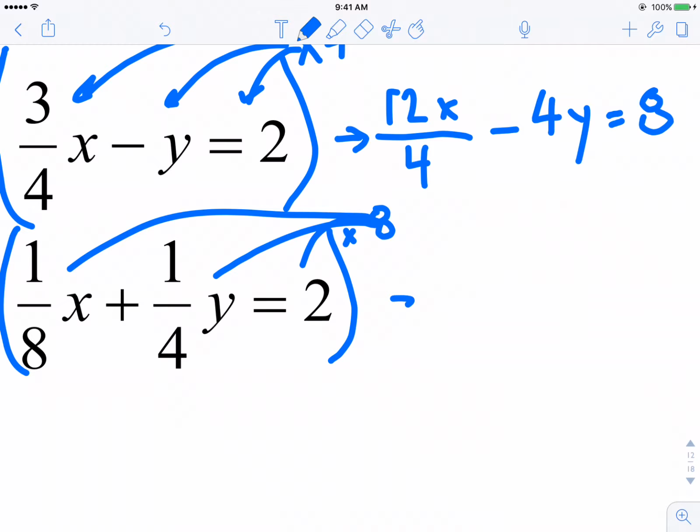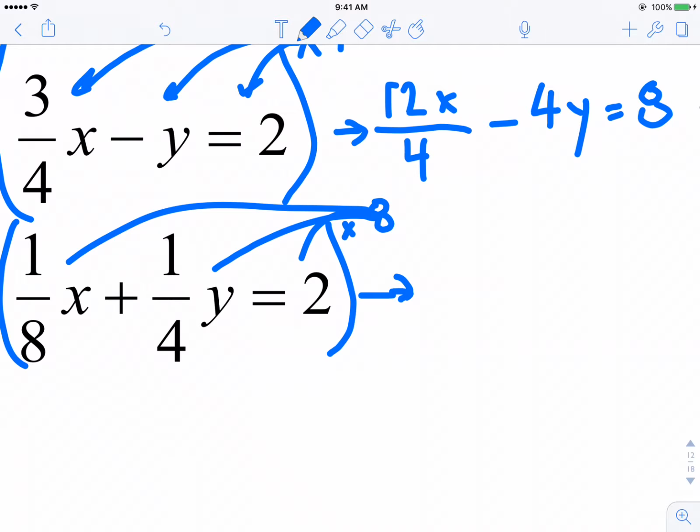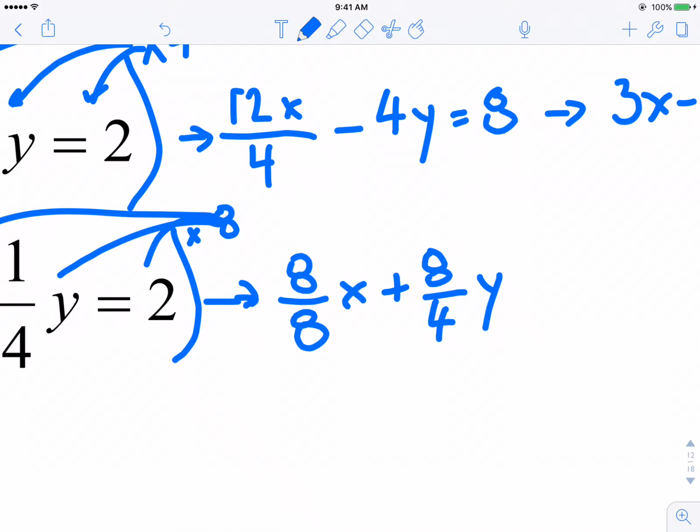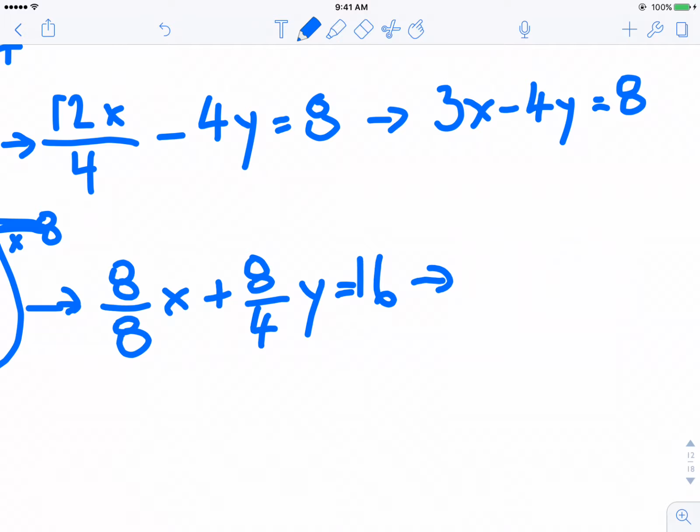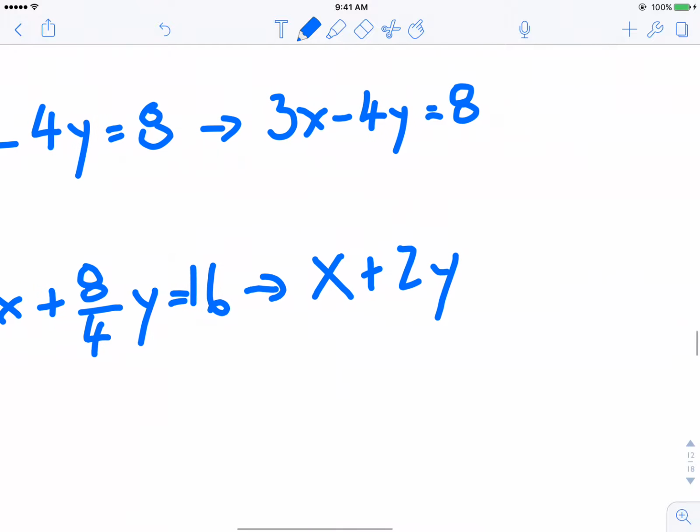So this gives me 1 over 8 times 8 is 8 over 8 x plus 8 over 4 y equals 16, and that will simplify to x plus 2y equals 16.